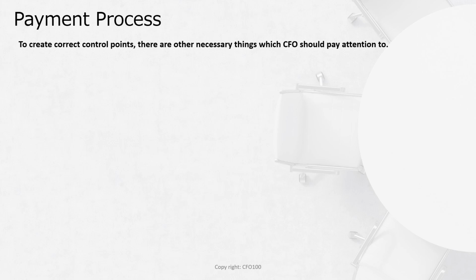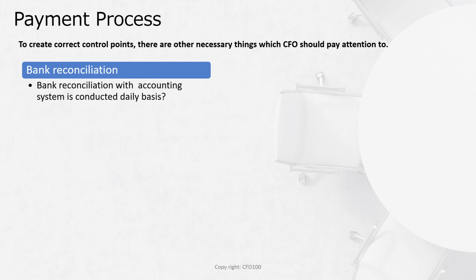The first item is bank reconciliation. Bank reconciliation means reconciliation work between the bank statement and the accounting system to confirm the actual payment status is aligned with the books of account position. It can help to find any misconduct acting, and it can reduce the possibility of double payment, and that you can recover soon.